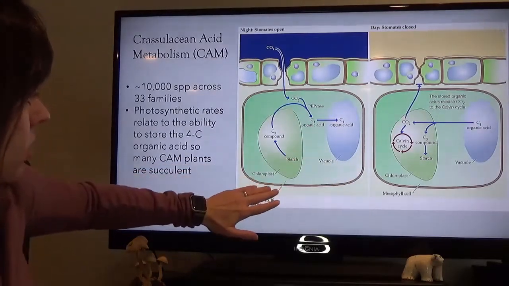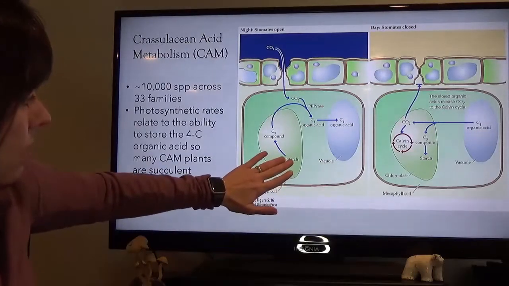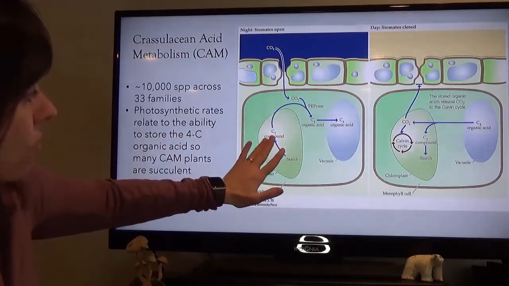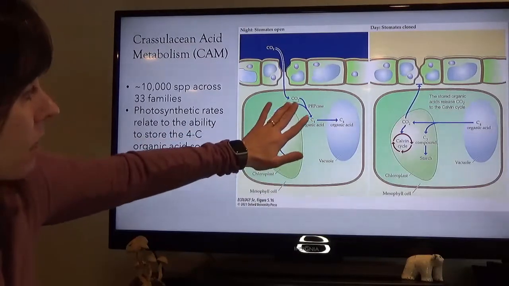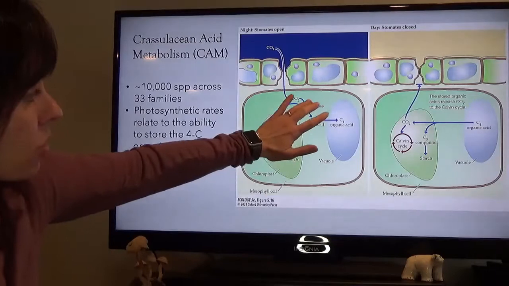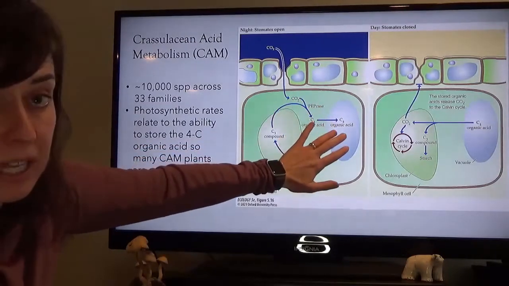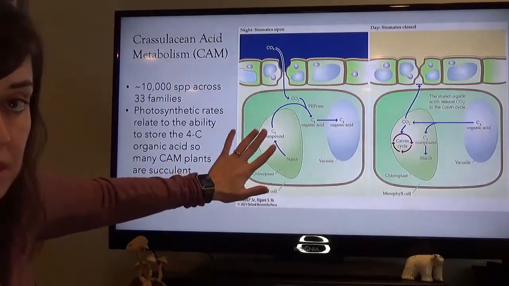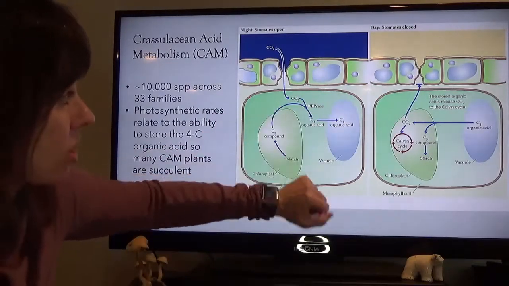And during the night also, we have starch conversion to a C3 compound that is combined with CO2 using PEP carboxylase to form this organic acid. Okay, so we have breaking apart of starches to produce these C3 compounds to feed this reaction.